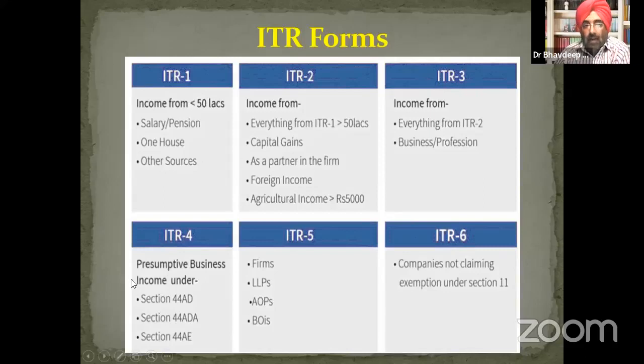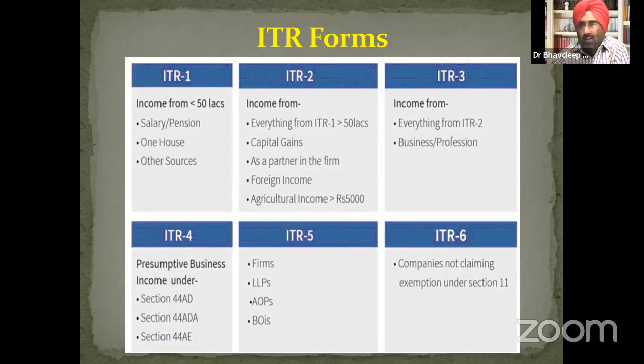Now, again, a variation for this. It is allowed only up to 50 lakhs of gross income. The moment you touch 51, 50 point something also, you have to file ITR 3, or you have to undergo audit. You can still file ITR 3 in a presumptive way, but you have to undergo audit.